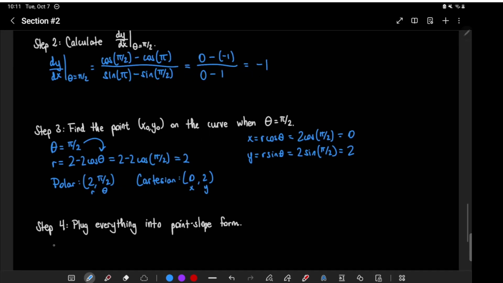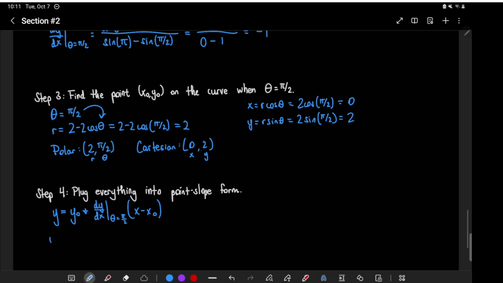Point slope form is y equals y0 plus the slope. I'll write it using the notation we've been using this whole time, x minus x0.